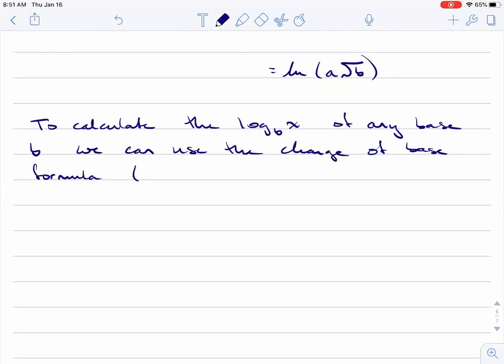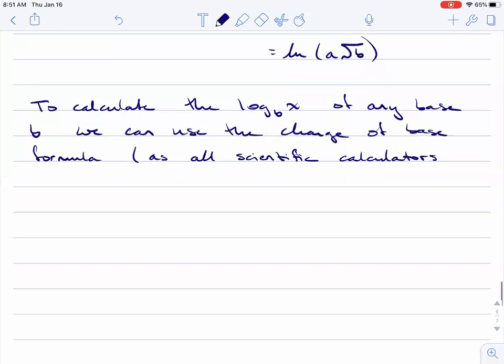I'll just put in brackets to explain: as all scientific calculators will have an ln button.